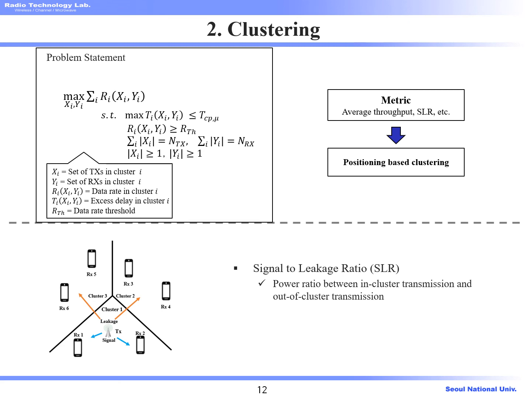We can state this problem as an optimization problem, where we are trying to maximize the data rate in each of the clusters without having any of the clusters exceed the CP length for its access delay. We are also trying to meet a certain data rate threshold for each of the clusters, meaning that we are assuring the users are met with a certain quality of communication.